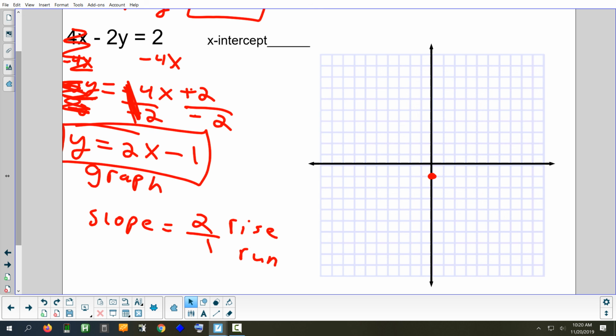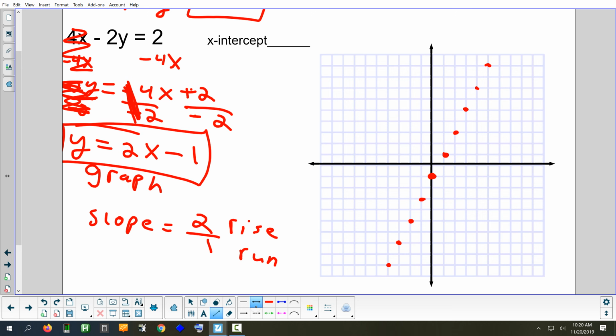So from that point, I'm going to go 2 units which way? Up. 2 units up, and then 1 unit right. 2 up, 1 right. Do that a couple times. If you want to go the other way, you can. If that helps you, you don't have to.